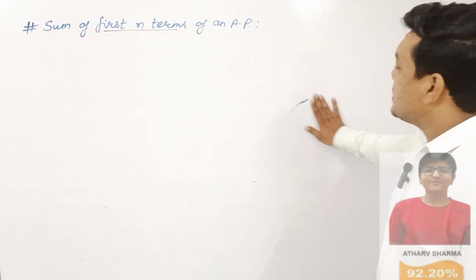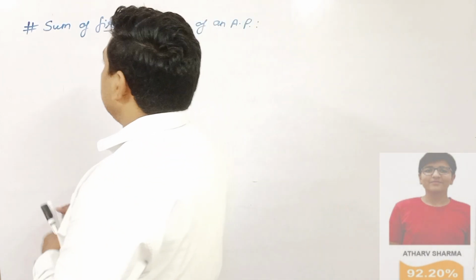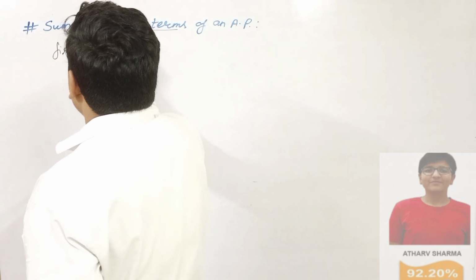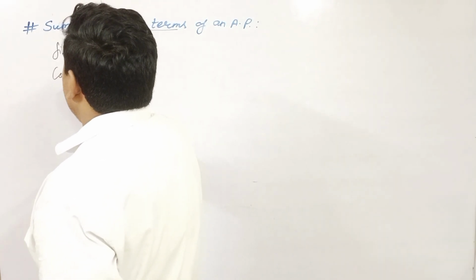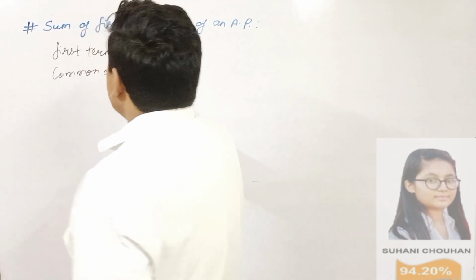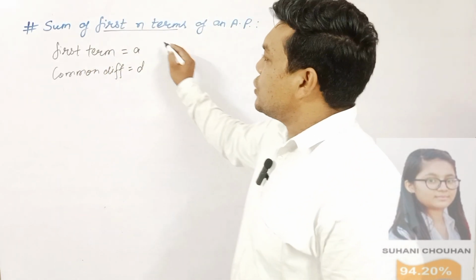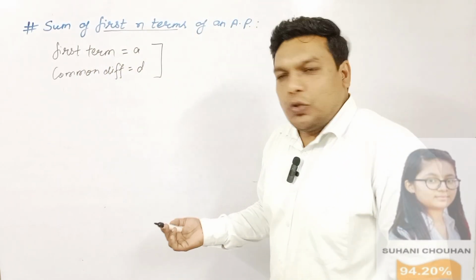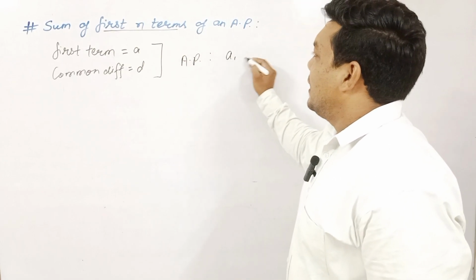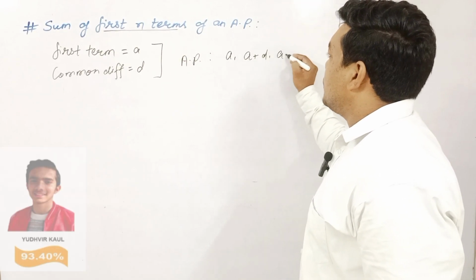So for this, let's assume first term equals small a and common difference is small d. So if first term is small a and common difference is small d, what should be AP? We know very well what should be AP. Your AP will be a, a plus d, a plus 2d.